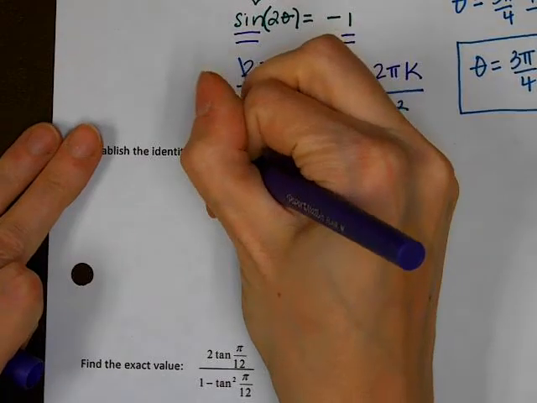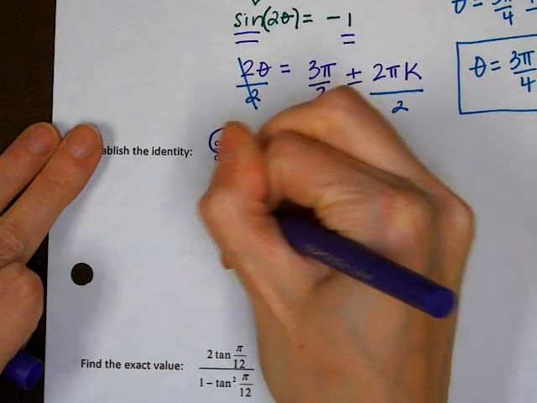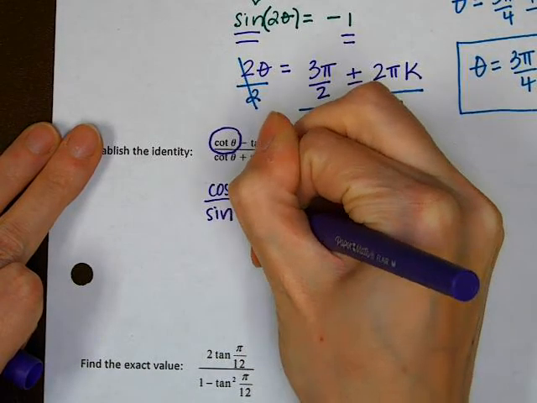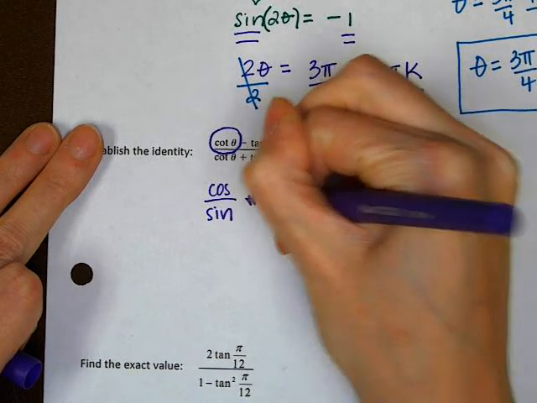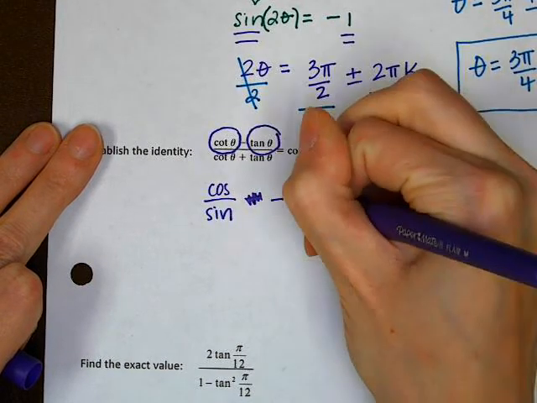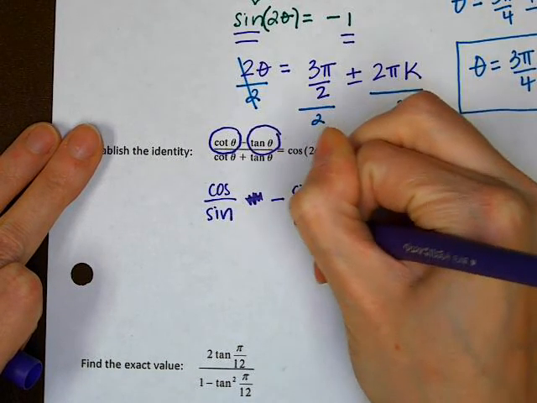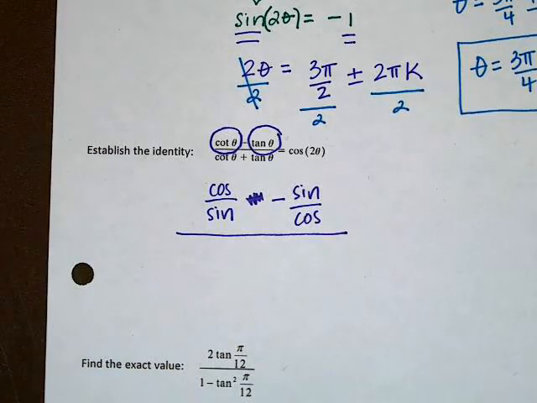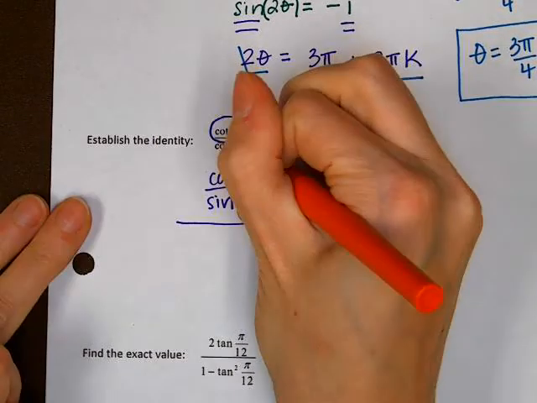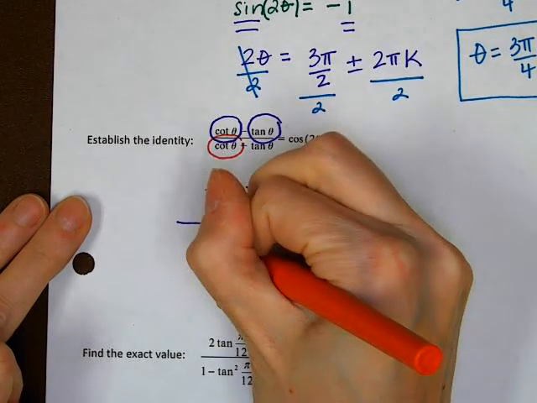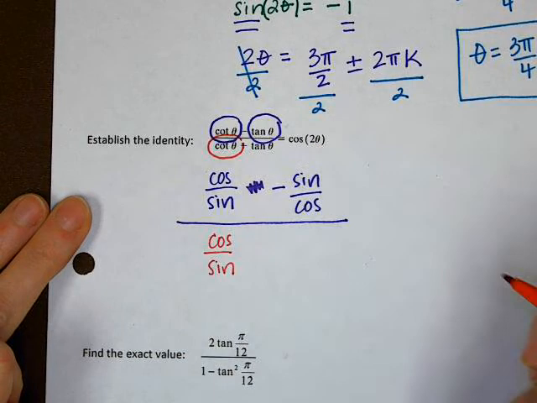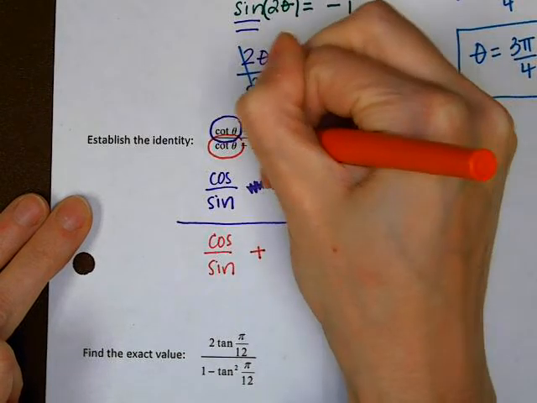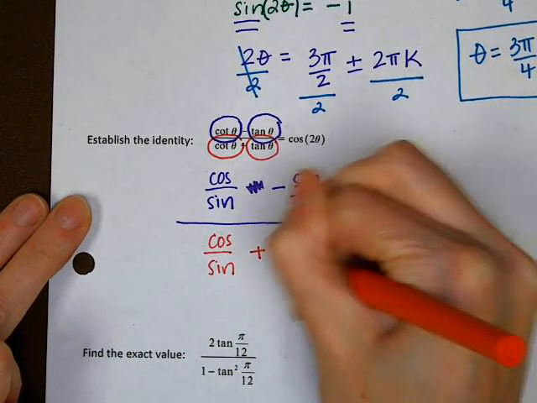All right, so cotangent is going to be cosine over sine. Oh, that's a minus. And then tan is going to be sine over cosine. And then in the denominator, cotangent is going to be cosine over sine. But now plus, and tan is going to be sine over cosine.